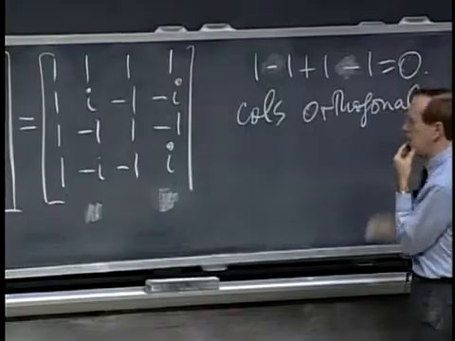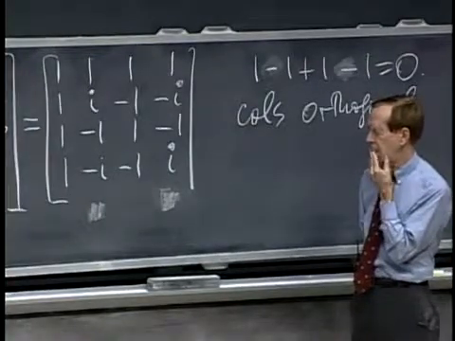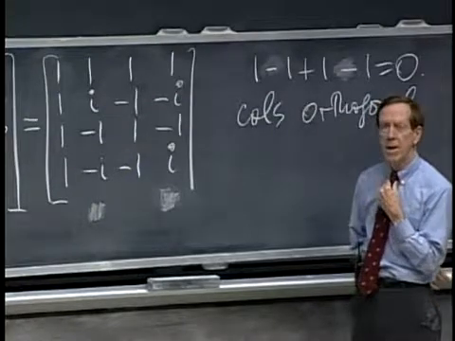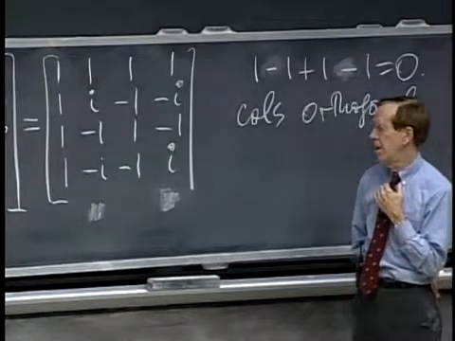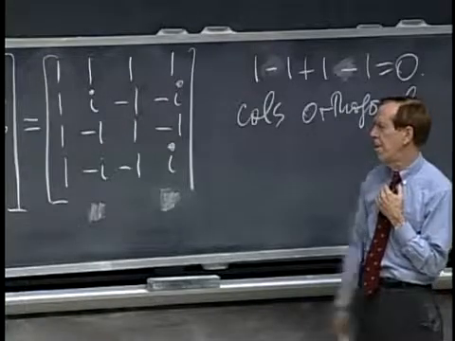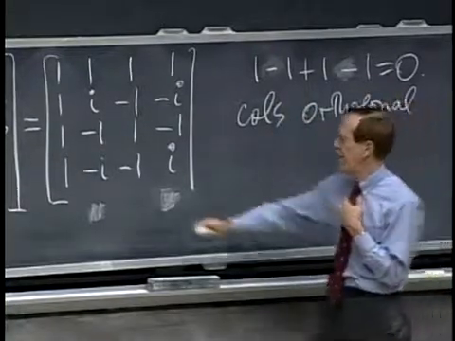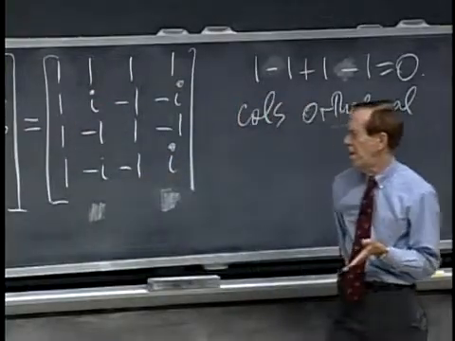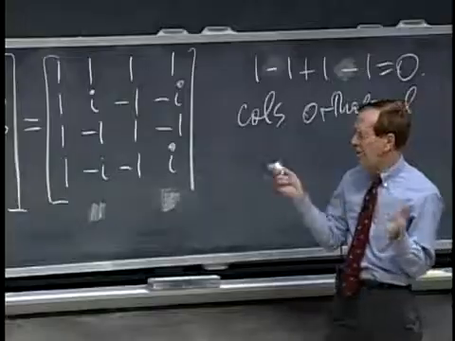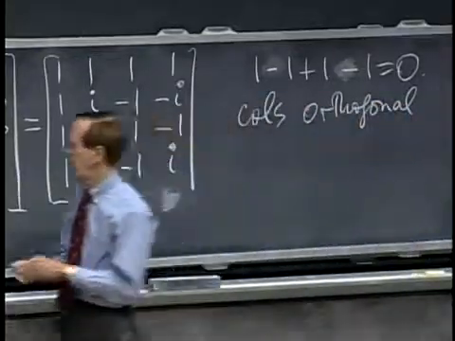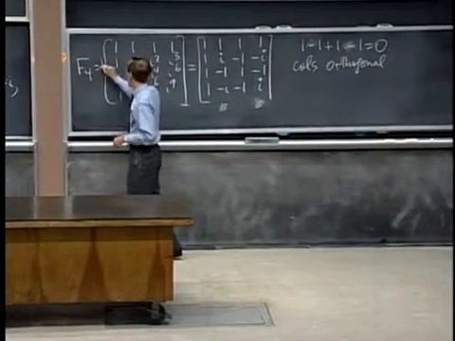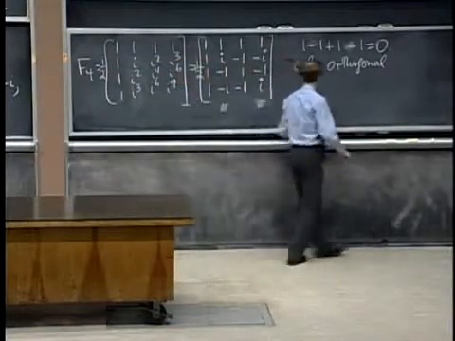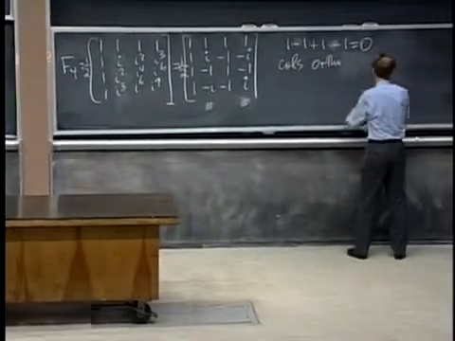They're not quite orthonormal, but I could fix that easily. All those columns have length 2. Length squared is 4, like the 4 I had there: 1 squared plus 1 squared plus 1 squared plus 1 squared is 4. Square root is 2. So if I really wanted to fix life up perfectly, I could divide by 2, and now I have columns that are actually orthonormal.